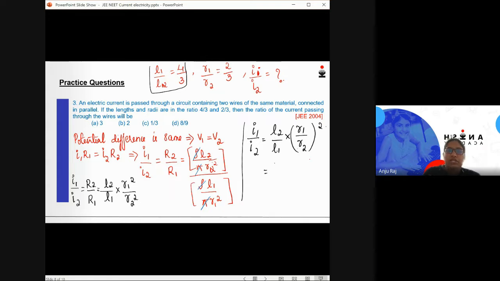So L2 divided by L1 will be 3 by 4 into r1 divided by r2 is given 2 by 3. So 2 by 3 whole square. So what happens to the ratio? 3 by 4 into 4 by 9. That will be equal to, whatever terms are there you can cancel out. So you will get 1 by 3.